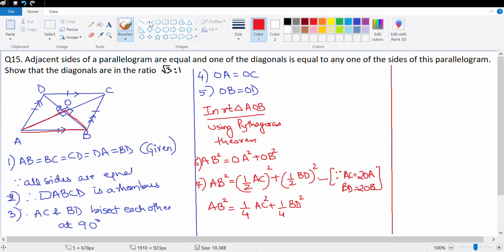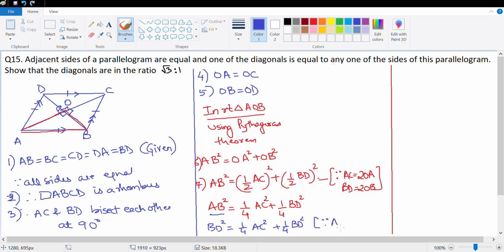No, let's see. Okay. So now what we have is AB square is equal to 1 by 4 AC square, but I already know that AB is equal to BD. Yes, is AB equal to BD? Yes, it's given. So BD square is equal to 1 by 4 AC square plus 1 by 4 BD square.